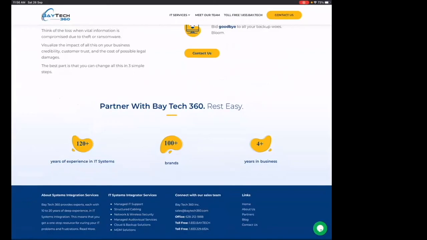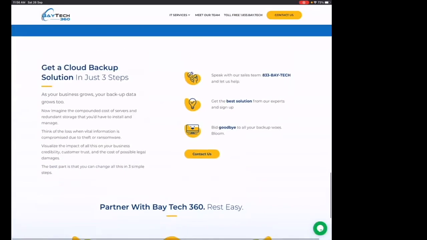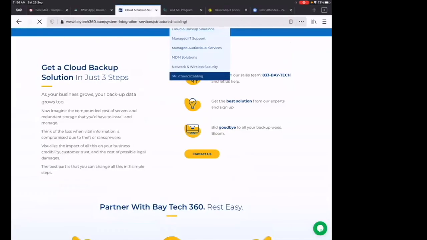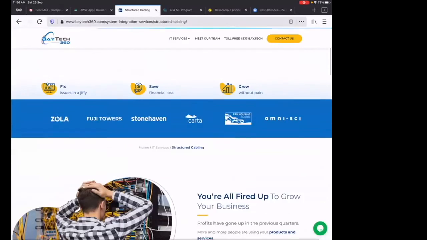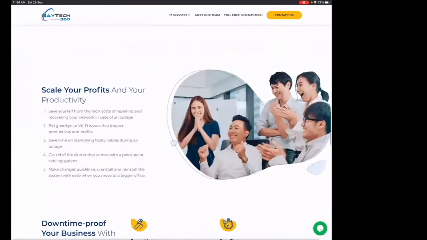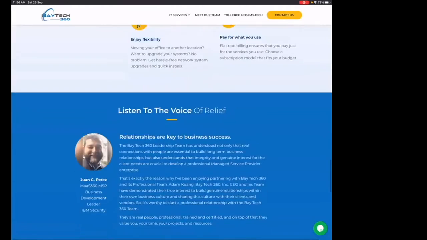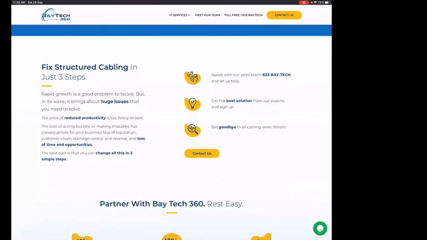So you have got 120 plus years, you have worked with 100 plus brands, and you are 4 plus years in the business. This is the steps to buy. Speak with, so you have basically 1, 2, 3, 3 steps. Okay, and this is contrasted here with the price of status quo. This is the tragedy, and this is the success.